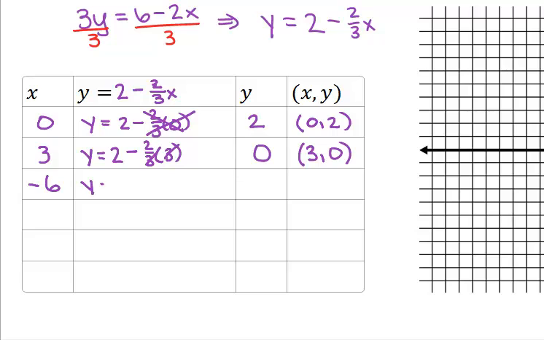So y is equal to 2 minus 2/3 times negative 6. Well, 6 divided by 3 leaves me with a 2, but I have a negative times a negative, so that cancels out. That leaves me with 2 plus 2 times 2, which is 4, and that leaves me with a positive 6. So my point here is negative 6, positive 6.